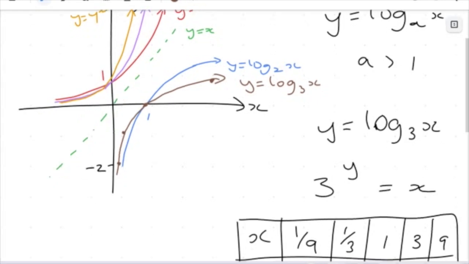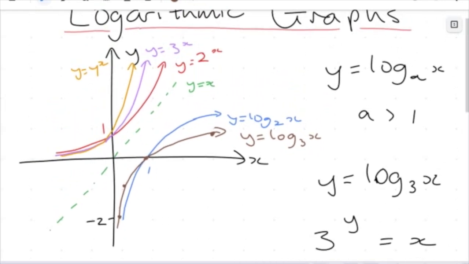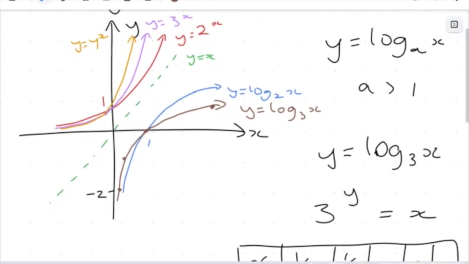Now, what do I notice? Well, I can kind of see this mirror image thing playing out once again. And the idea of these inverse functions, which we've talked about before, we can see happening in our particular graph. If we look at, for example, this part of my y equals 3 to the power of x, this guy is going to be its inverse function.